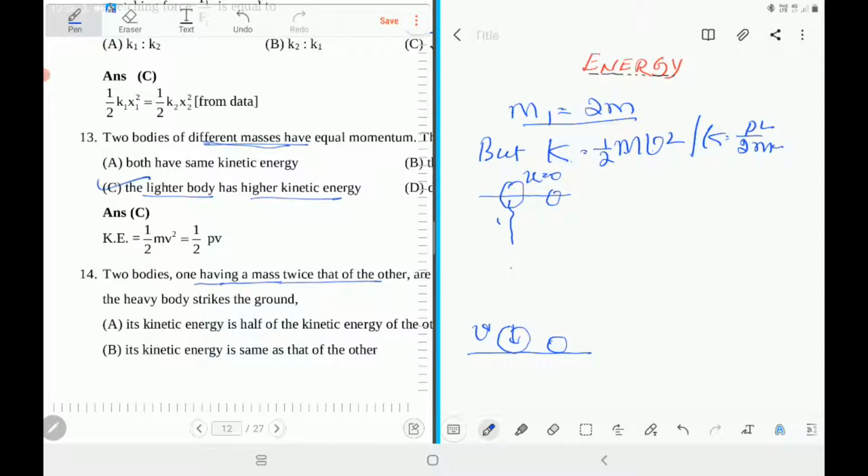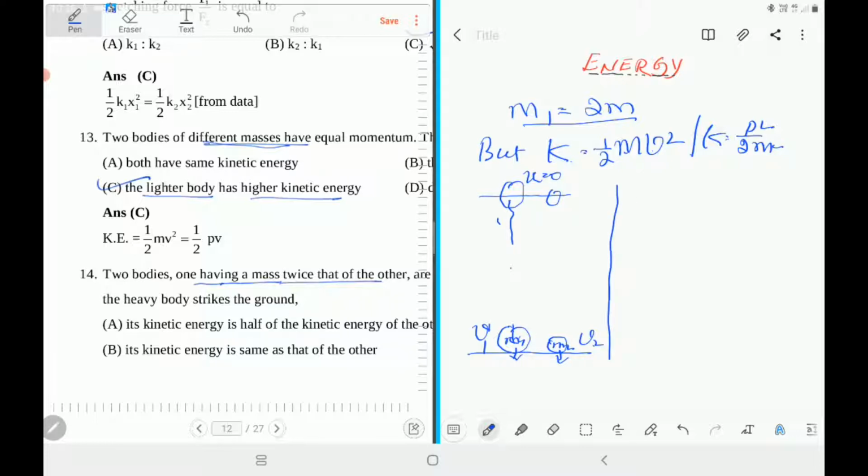Say for mass m1 v1, for mass m2 velocity v2 while hitting the ground. Now if you identify whether v1 is more than v2 or less than v2 or equal, we can easily identify which one has more kinetic energy.